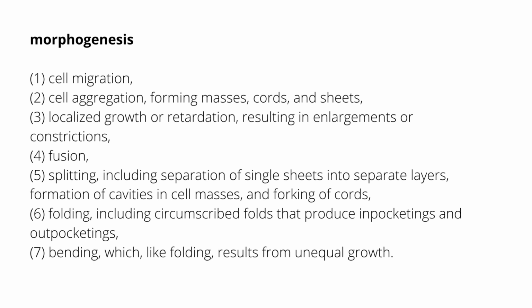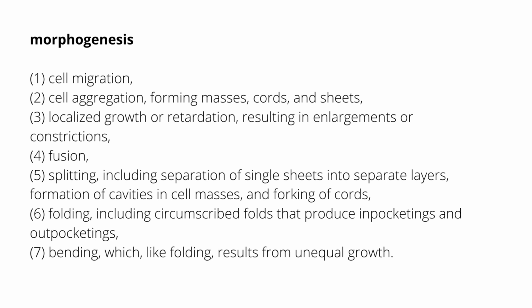Such activities related to molding the body and its integral parts into form and pattern comprise the processes called morphogenesis. The processes of morphogenesis are relatively simple mechanical acts: cell migration, cell aggregation, forming masses, cords, and sheets.